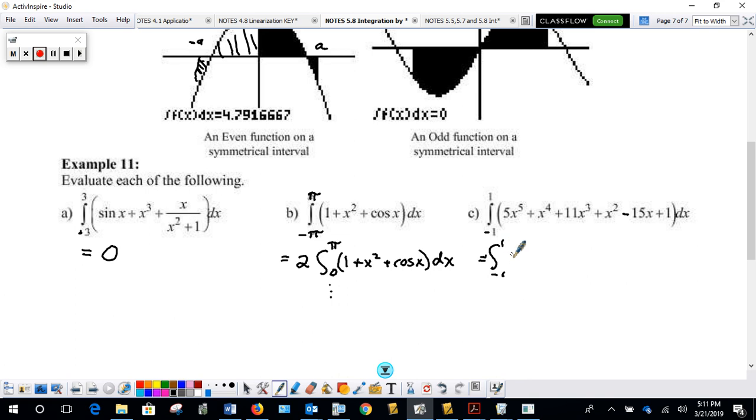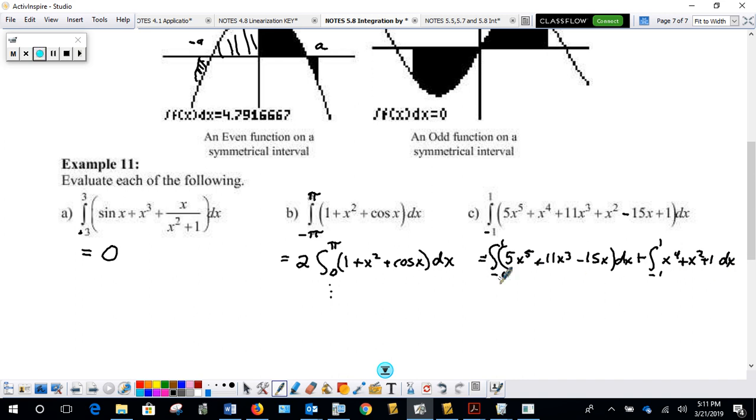I'm going to put all the odds together, dx, and then I'm going to add to that all of the evens, -1 to 1, x to the 4th plus x squared plus 1 dx.